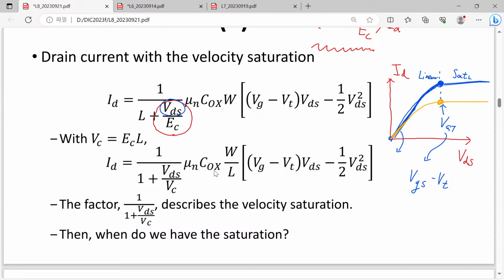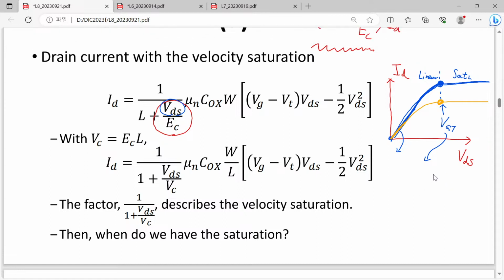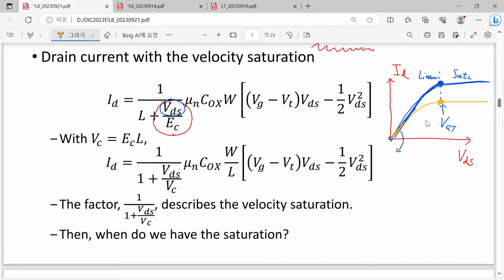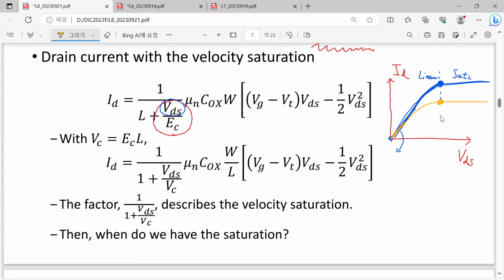My description shown in this orange curve here assumes that still the transition between the linear and saturation occurs at a point where drain voltage equals gate overdrive voltage.